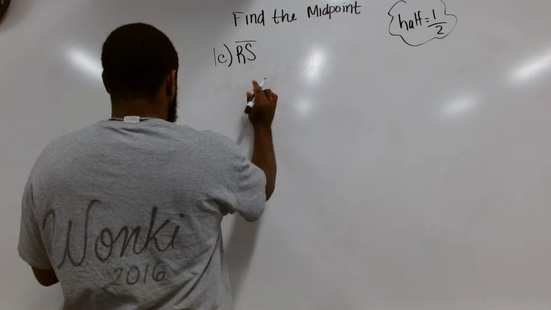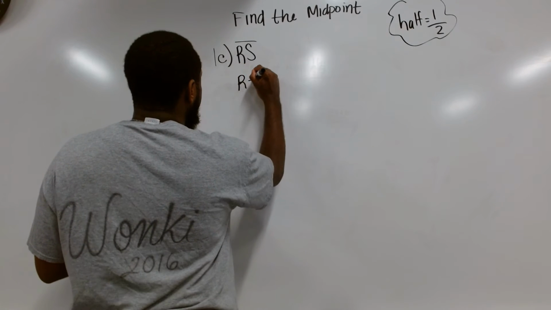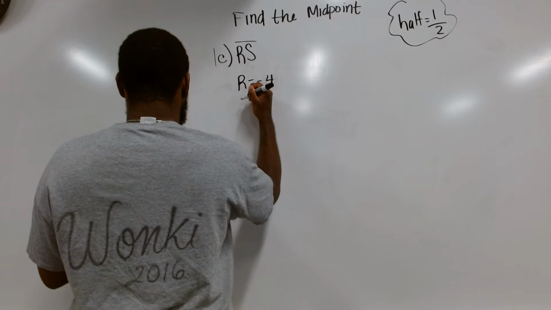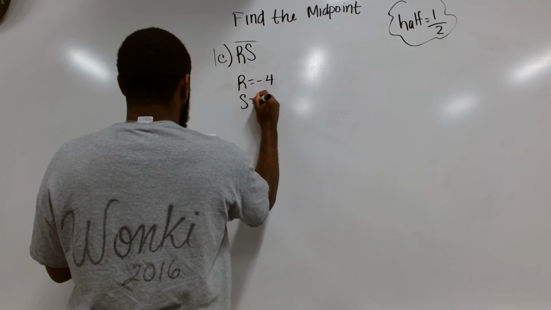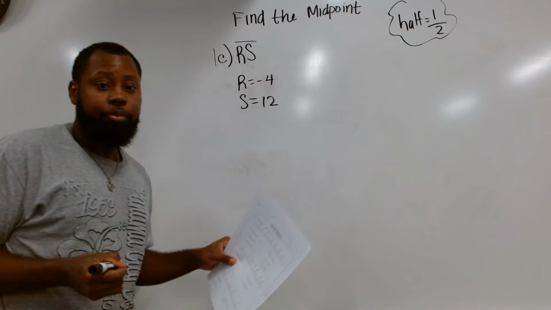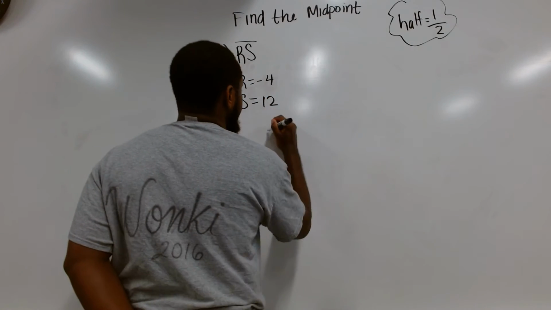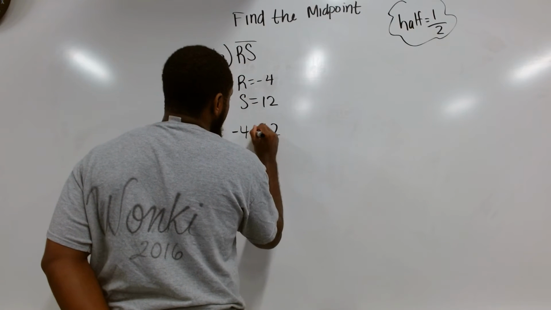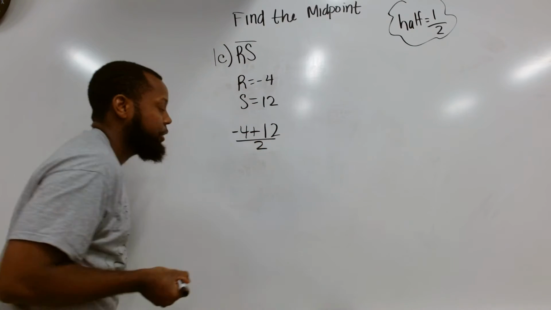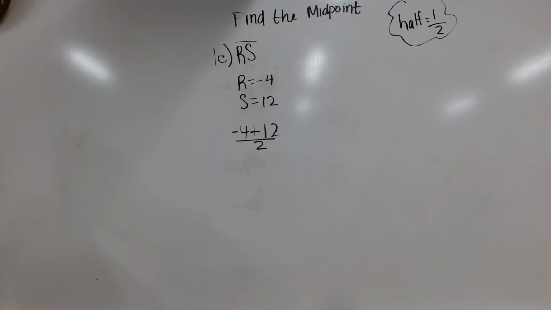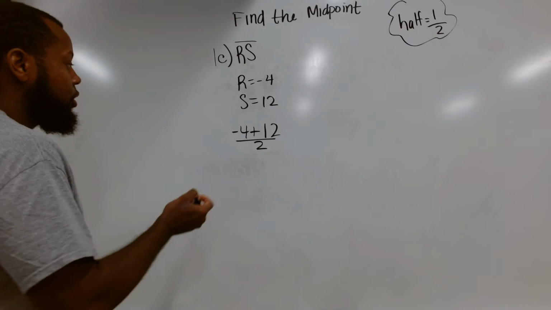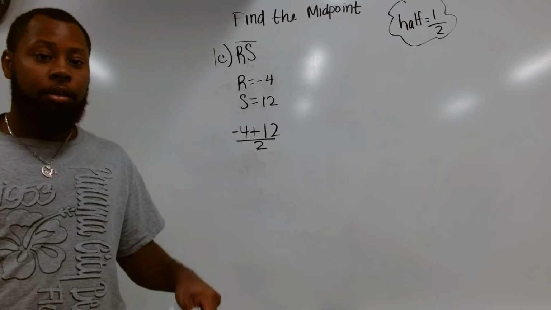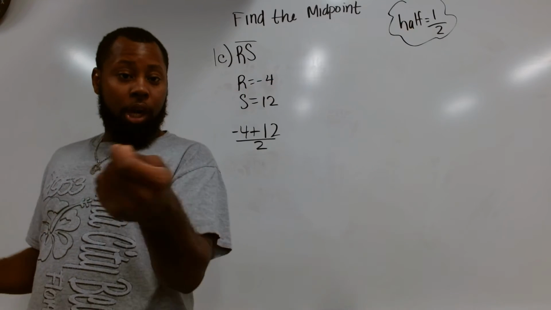Okay, RS. R is -4. S is 12. Well, we're going to have -4 plus 12 divided by 2. So we have -4 plus 12 divided by 2. So you have $12, right? And you spend $4.